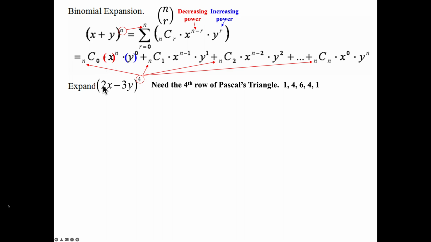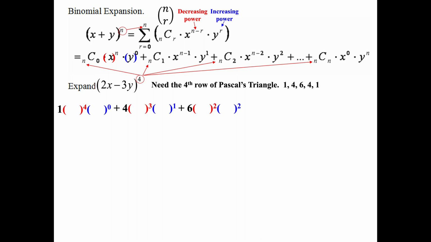All right? So I'm going to start to write this out. My first number in the 4th row of Pascal's triangle will be 1. Then the first term to the 4th power, second term to the 0 power, plus 4, red parentheses to the 3rd power, second parentheses or brackets to the 1st power for the second term.